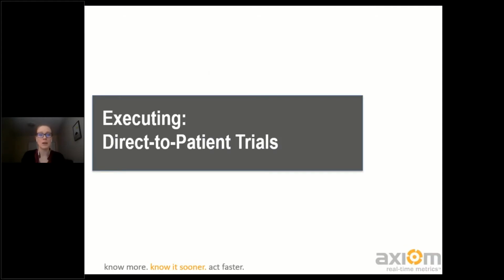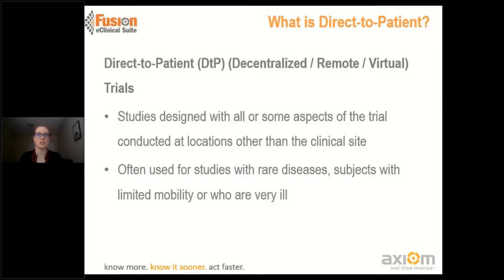So let's start just a little bit about the direct-to-patient trial. So what is that? Direct-to-patient can also be referred to as decentralized, remote, or virtual trials. And it's really looking at the study design and including either some or all aspects of that trial, having them conducted somewhere other than the usual investigator site.